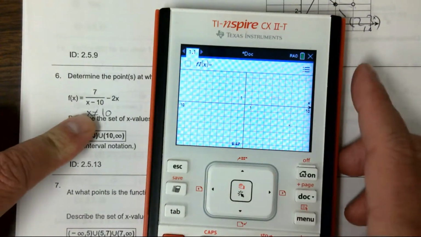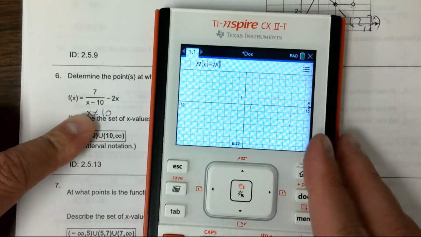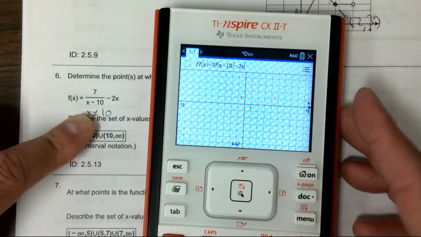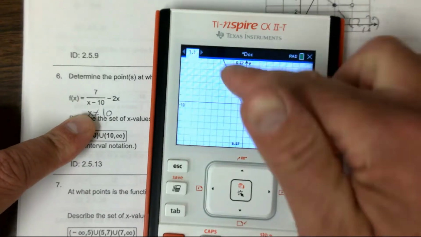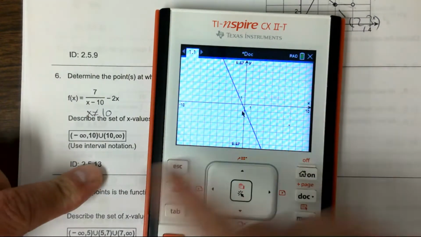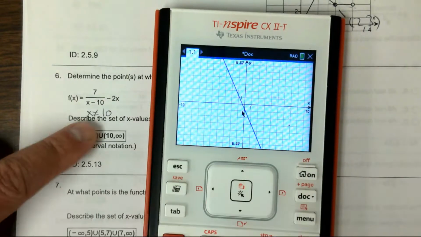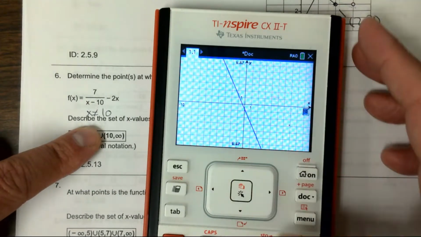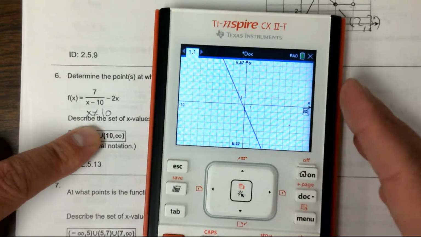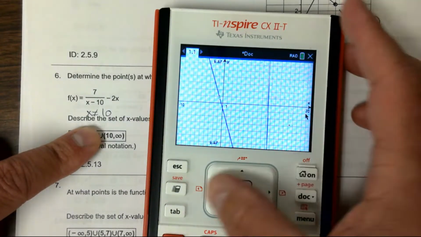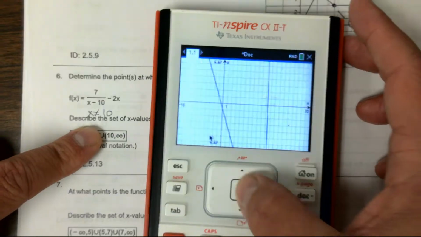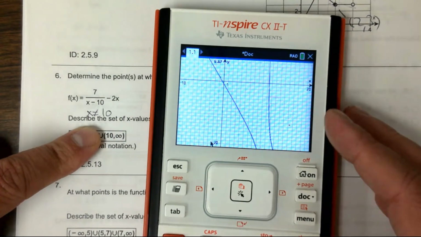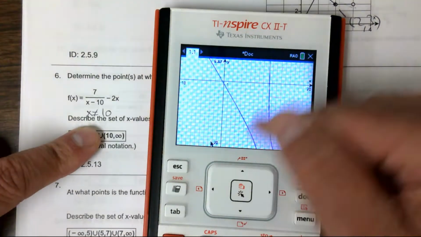So 7 over parentheses x minus 10, and then minus 2x. Now, so far it looks good, but I know we had a denominator that we're interested in. And if we bring this over to like 20 and lower this to like negative 20, it's different.